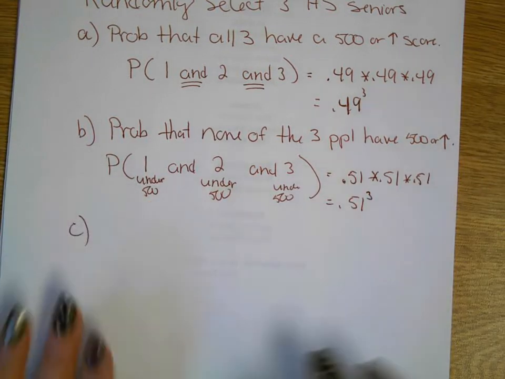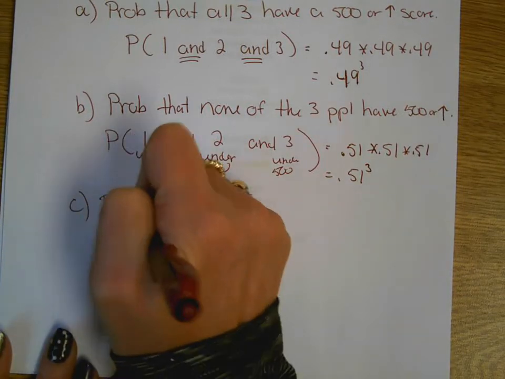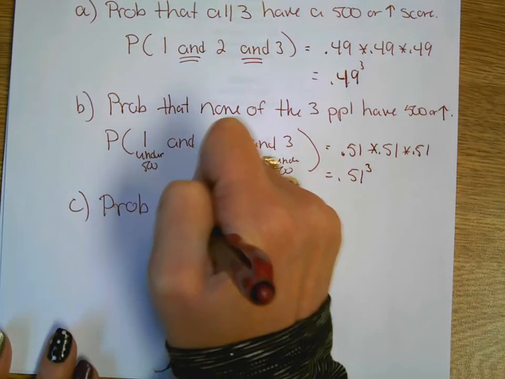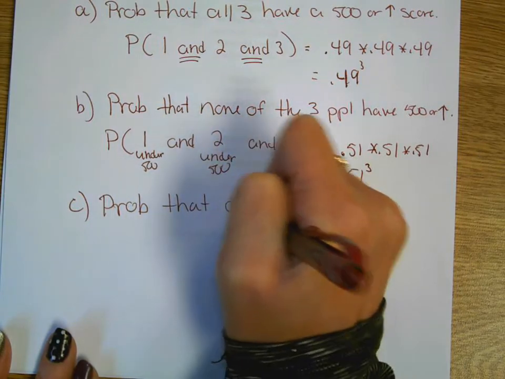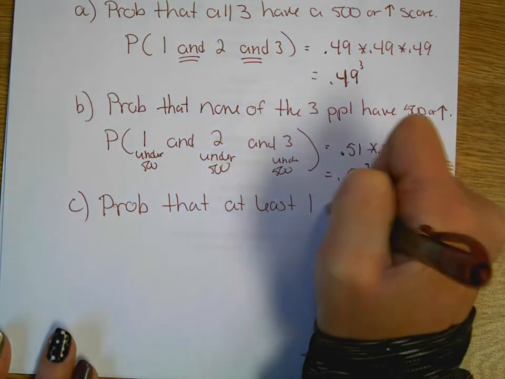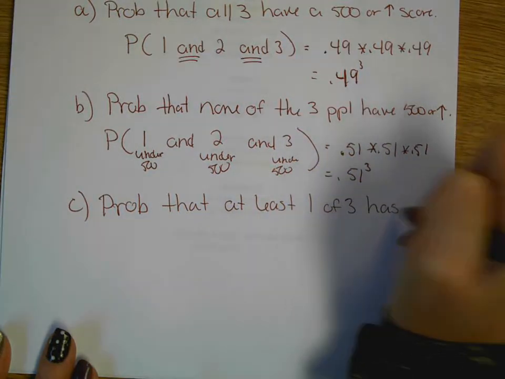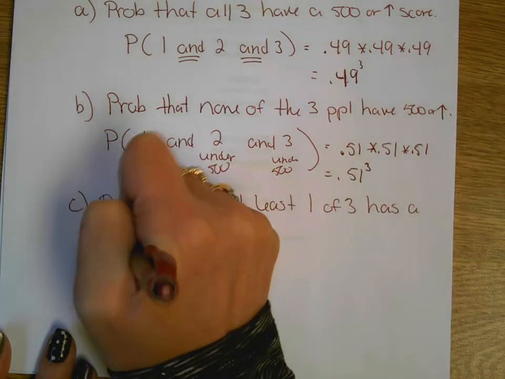All right, and then the last one that tends to get confusing. What's the probability that at least one of the 3 has a 500 or higher score?